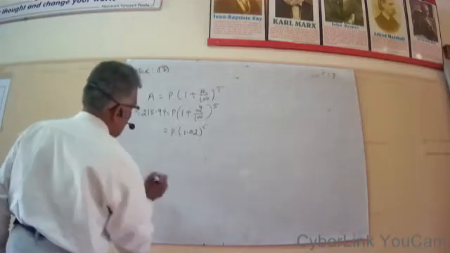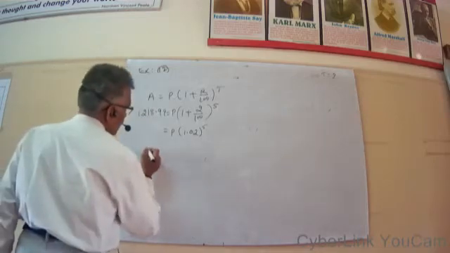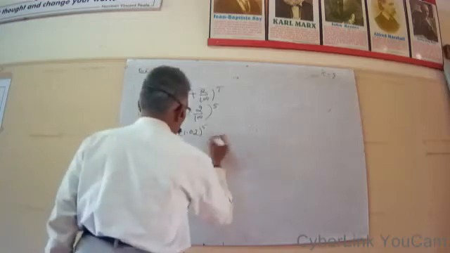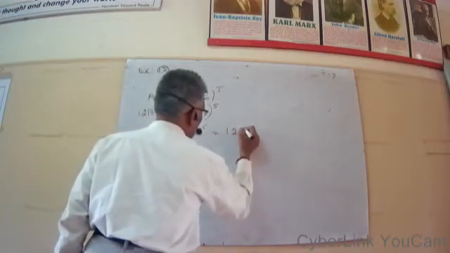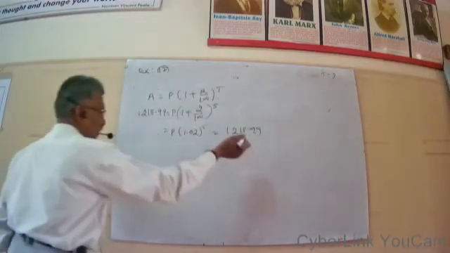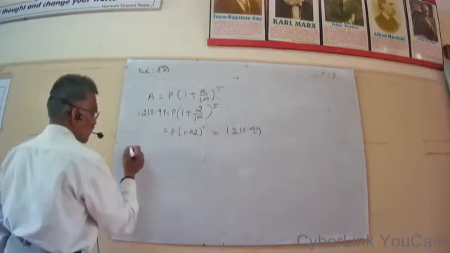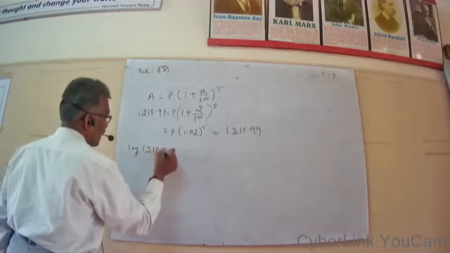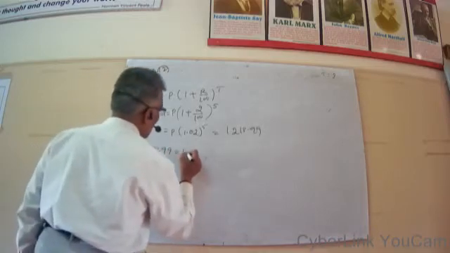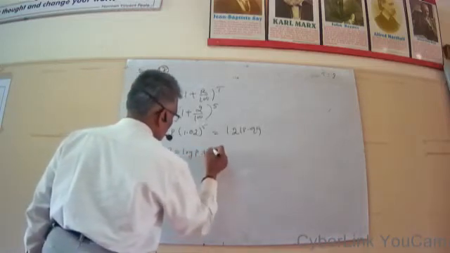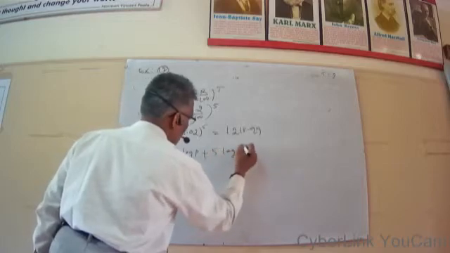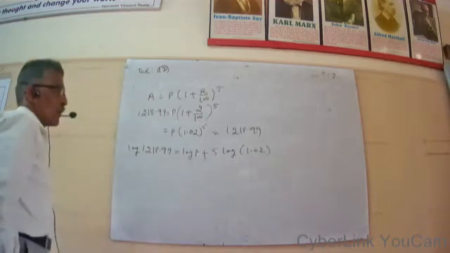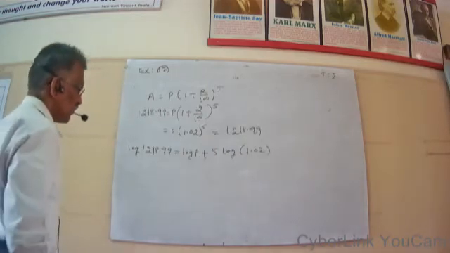Now take the log. By taking the logarithm on both the sides, we get log of 1218.99 equal to log of P plus 5 into log of 1.02. You can also do this by multiplying directly, but let us take the log.